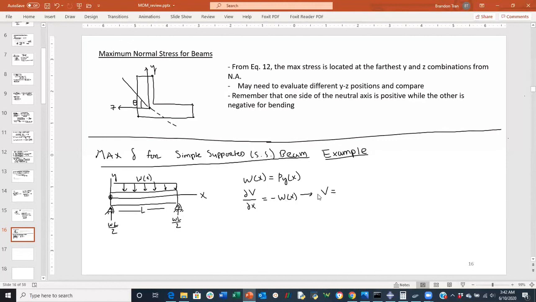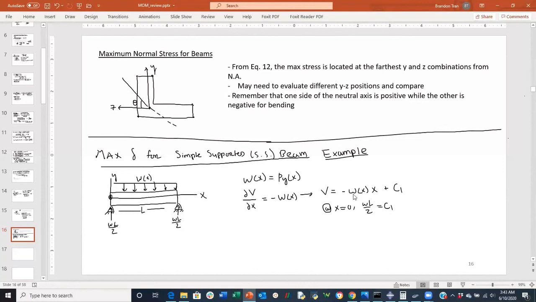Now this right here, the shear force, so V as in the shear force, if you carry out this integral, you get the following. The distributed load is a function of x multiplied by x plus some constant C1. How do you find C1? You use the boundary condition. So at x equals 0, when this part goes away, what is the normal shear load? We've already established right here, WL over 2 equals C1.